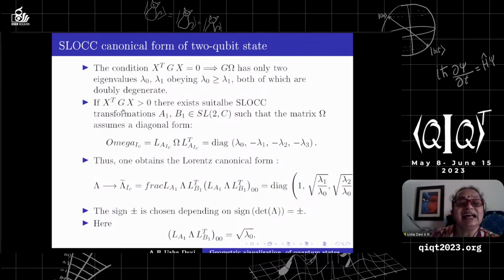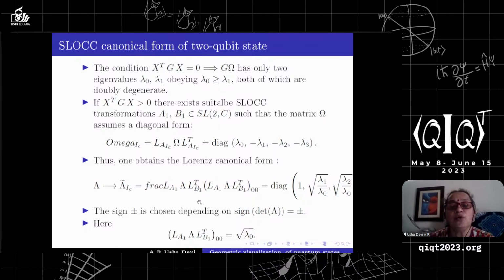And in the other case, that is X transpose Gx is positive, we do find that the matrix LA omega LA transpose is diagonal. That is what I am trying to say: the matrix gets a diagonal form when the highest eigenvector of the G omega matrix is positive.